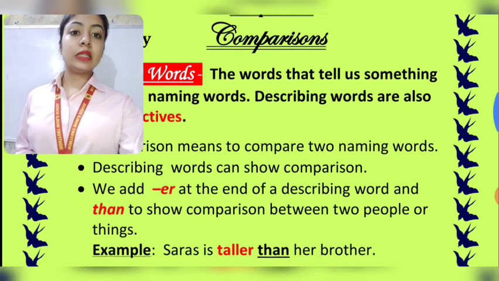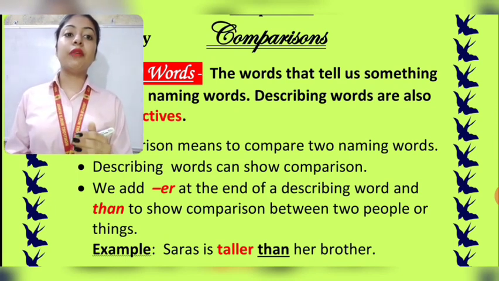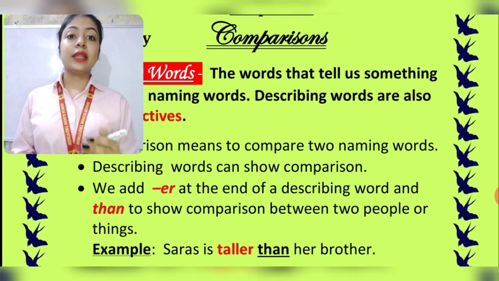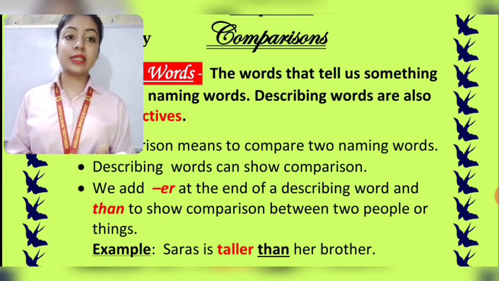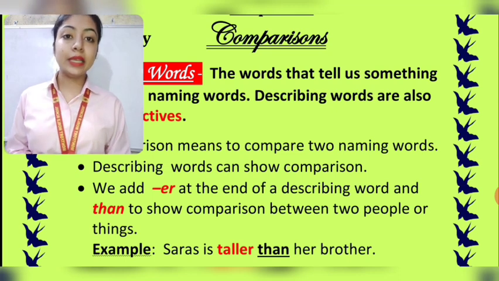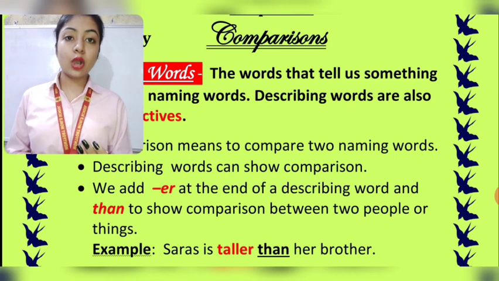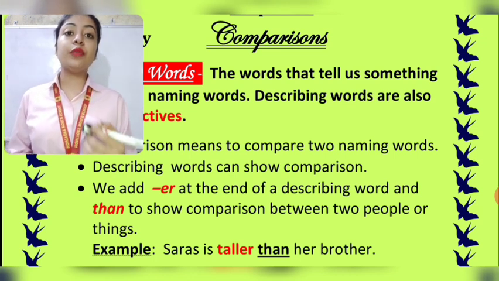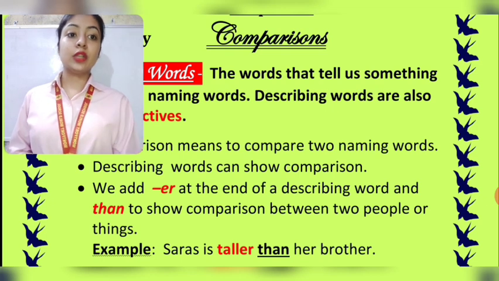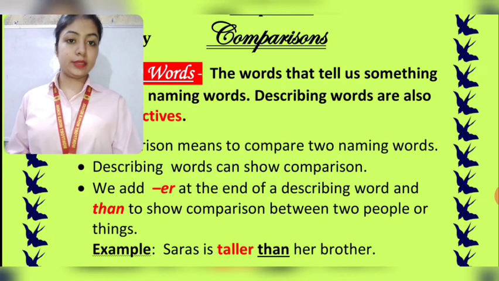Third point, we add er at the end of a describing word to show comparison between two people or things. And we also use the word than in the sentence to show the comparison between two persons or things.